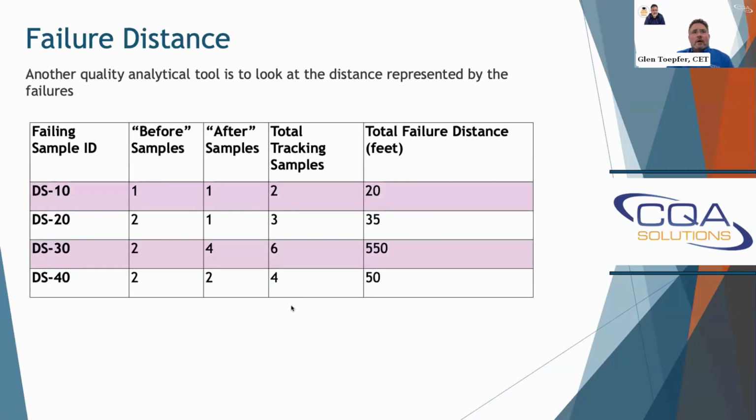So another way I look at it sometimes in the field when I'm analyzing the data is, what's our failure distance? If I start seeing where failures are propagating themselves and going for longer distances, I might be inclined to slow down, reduce the testing interval, or increase the frequency. So instead of the 500 or 1,000, I'll cut it in half because I'm seeing that there's an issue with that machine.